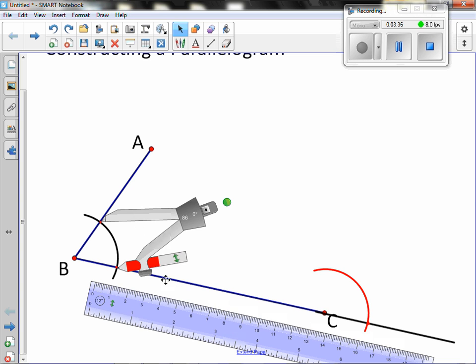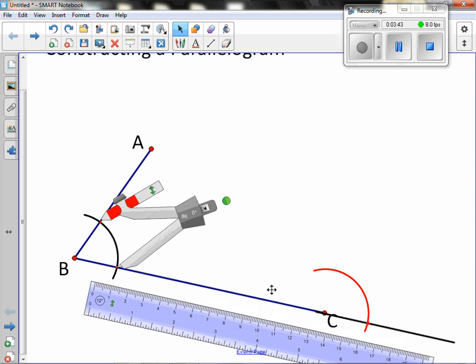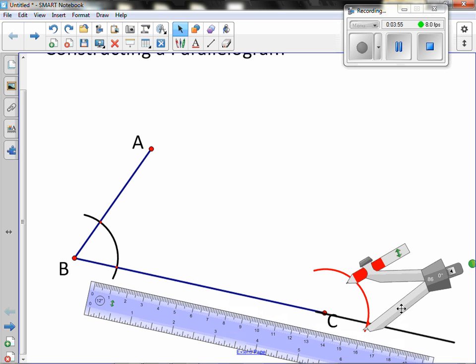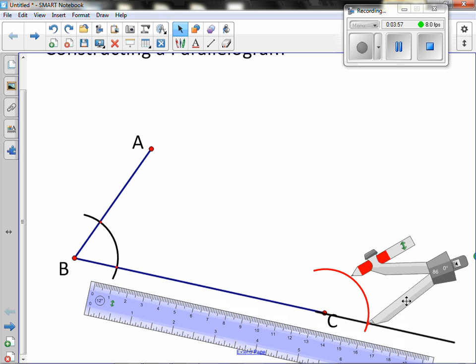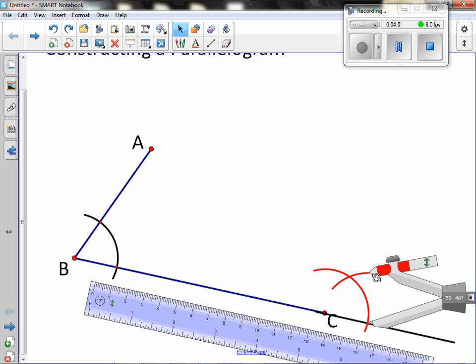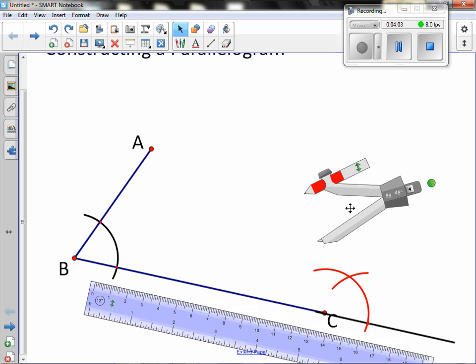And if you see what my compass is measuring right now, it's measuring that space that the angle is defined to be. What would benefit me here is if I put my anchor point at the point that I've recreated. Remember that this point B, I have recreated at C right here. That's why I chose to put my anchor point there. And I'm measuring the width between those two points so that I'll move my compass over here to the point that coincides with the other point that I just had it at, and see where those two arcs cross.